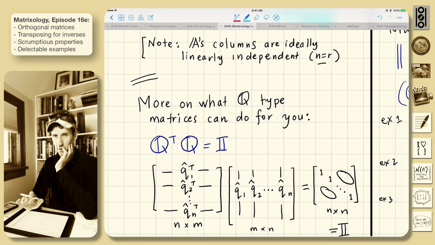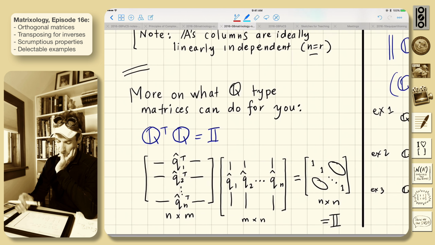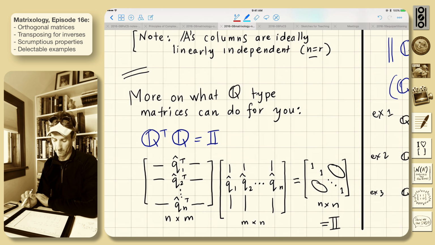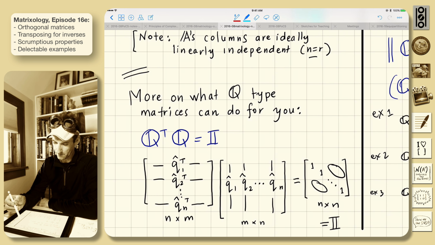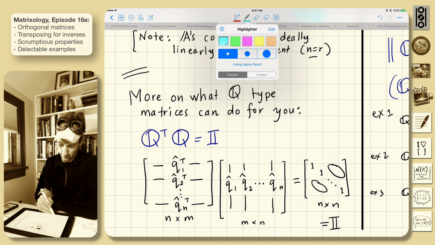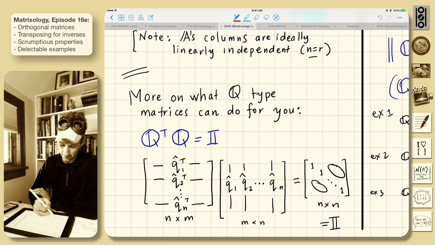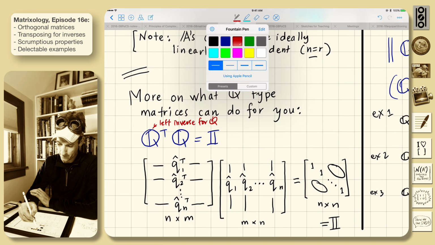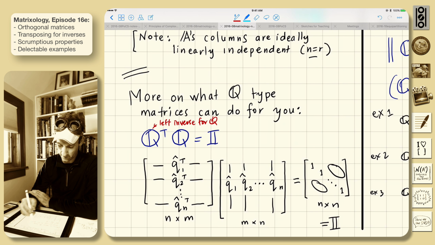So this is just a few more things on what Q can do for you. We've seen this business, we've had to use it a couple of times, so let's just say it again. Q transpose Q is a left inverse for Q. We just take the transpose. That inner product is 1.